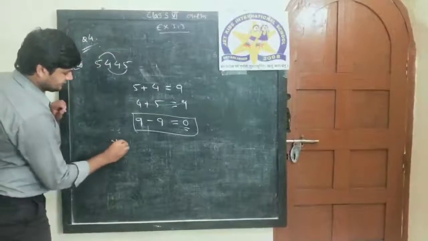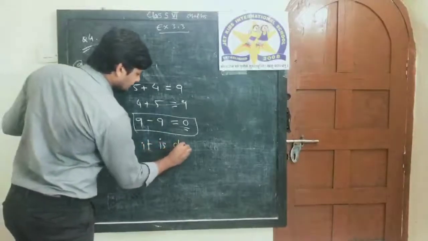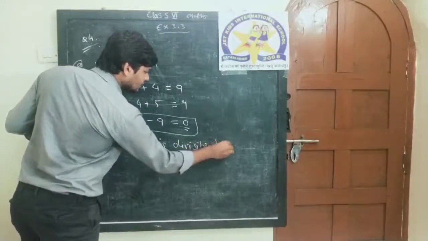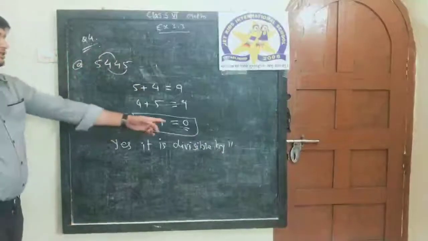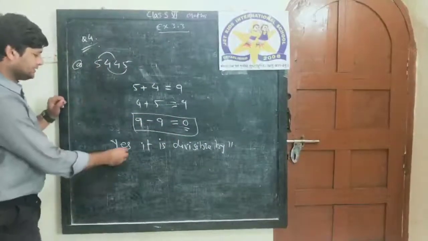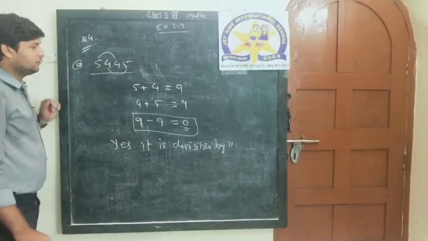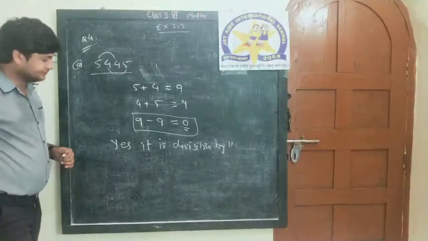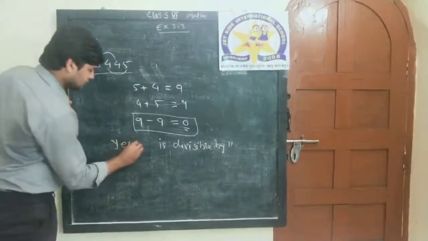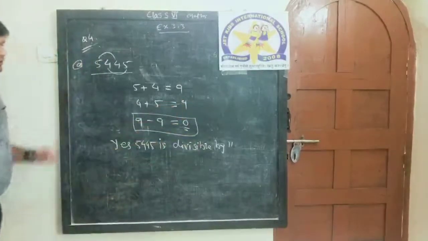Yes, it is divisible by 11. Why? Because 0 is divisible by 11. That's why the whole number, yes, it is. It means this number 5445 is divisible by 11.